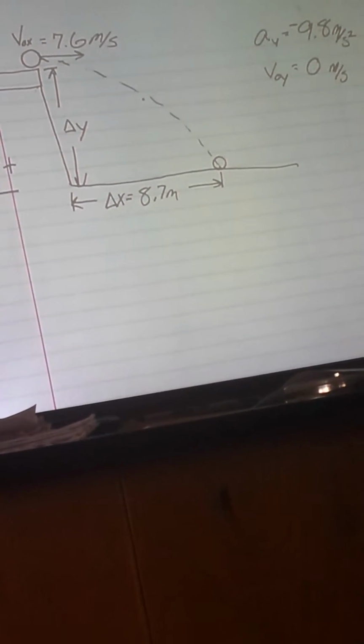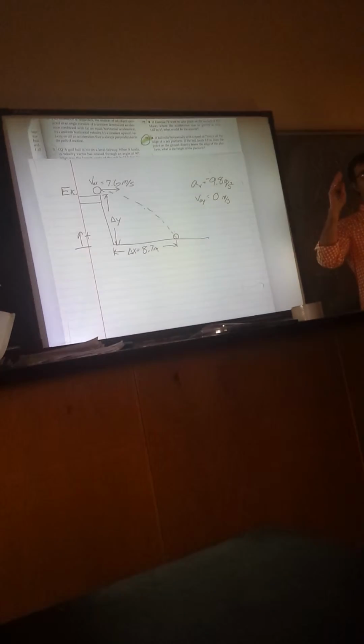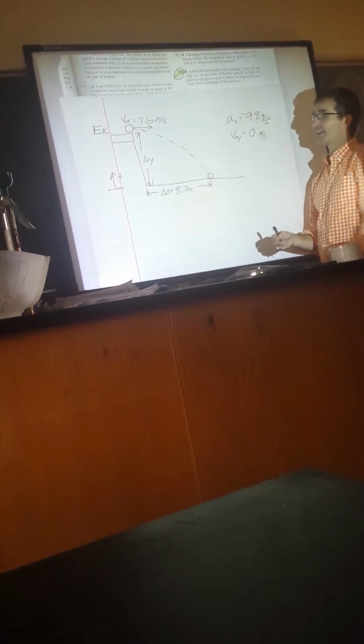What you're going to be looking for in a lot of projectile motion problems is the time. The x direction is the easiest one to find the time in this case. I know that it goes 8.7 meters, and I know it's moving at this speed the whole time. So let's look at this in the x direction.